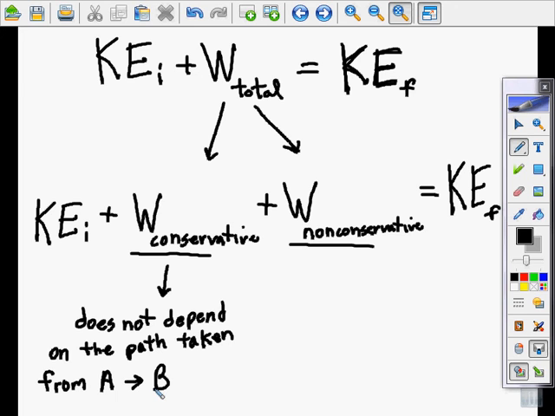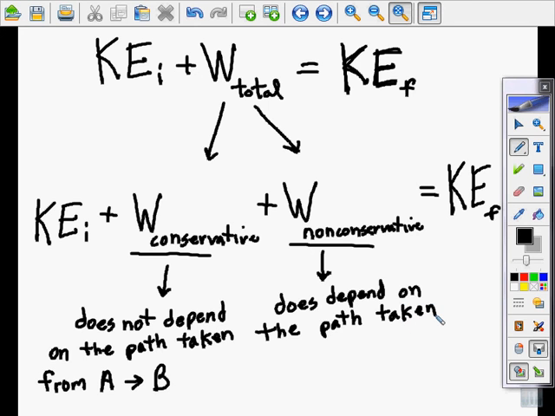And the non-conservative work does depend on the path taken from the initial starting point, A, to the final ending point, B.